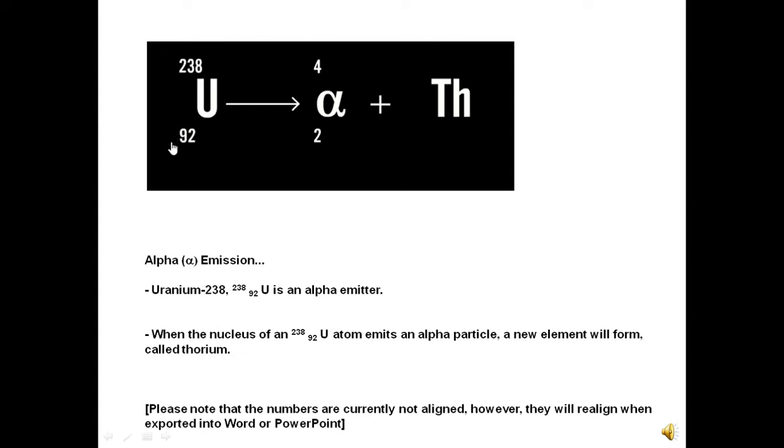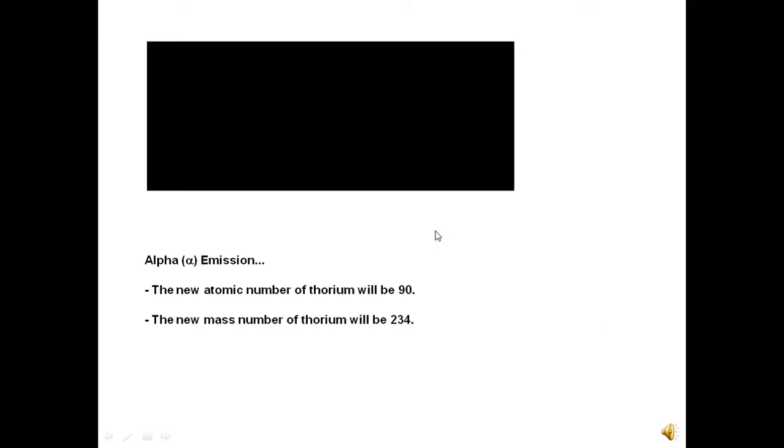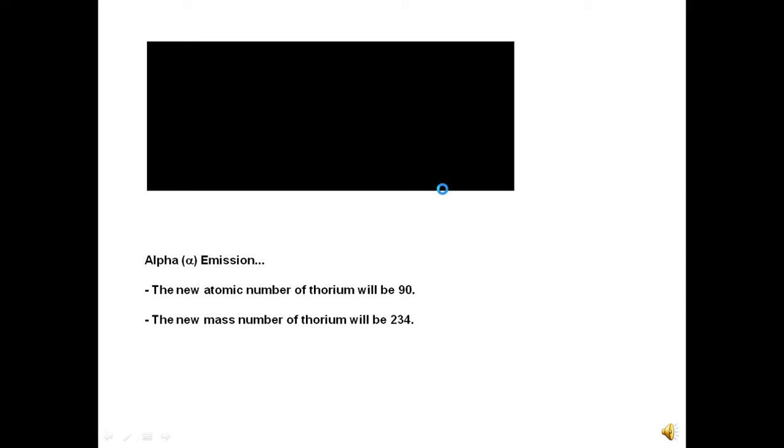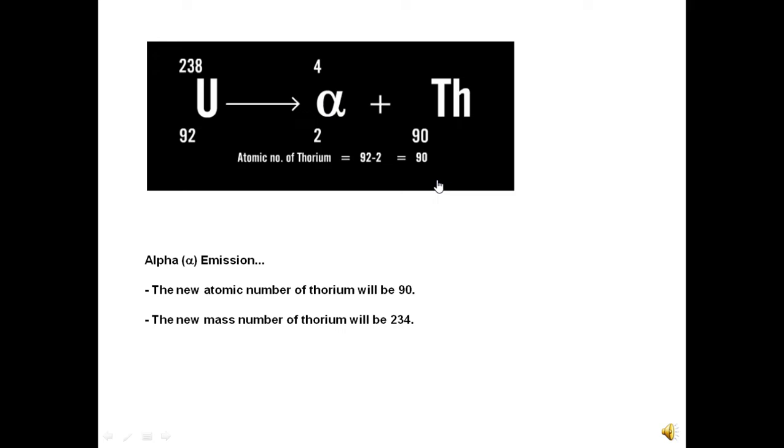If I've got 92 protons, I have to have a total of 92 over here. So if 2 of them is here, 90 has to be the atomic number of thorium. So thorium then, atomic number of 90, mass number of 234.